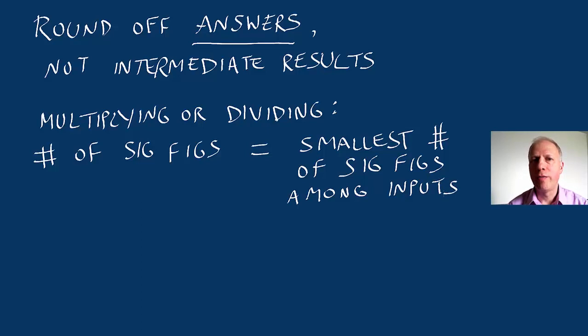So if one of your input values has low precision, it's going to spoil the precision of the answer no matter how good the other inputs are.